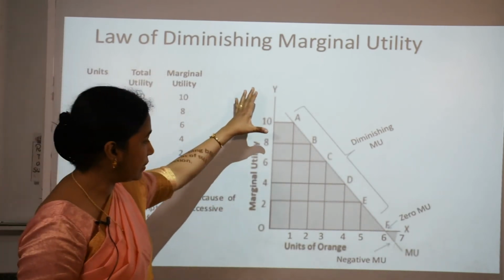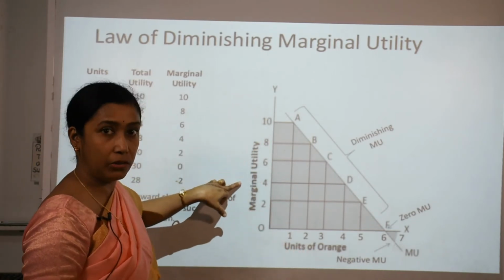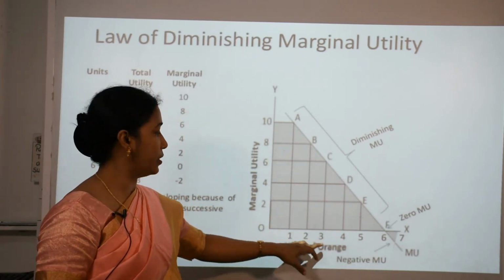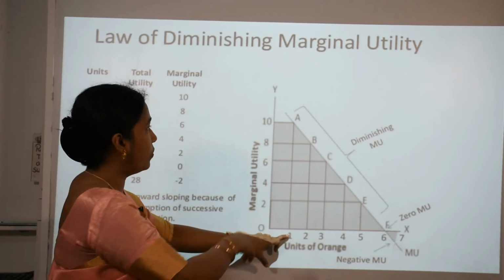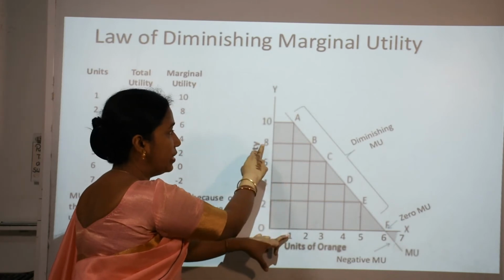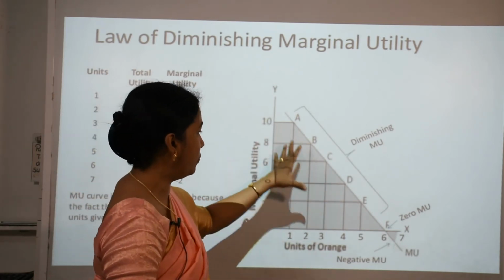Now we can understand this with the help of the diagram also. Here we can see that on the OY axis we have marginal utility, on the OX axis we have units of oranges. You can see that when he ate the first unit of orange, the utility was 10. When he ate the second orange, the utility was 8, and we are combining these with the help of this graph.